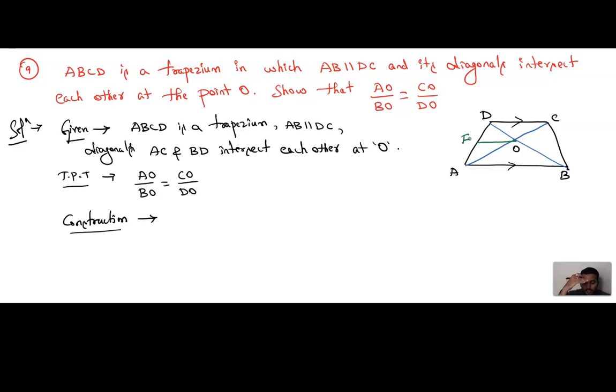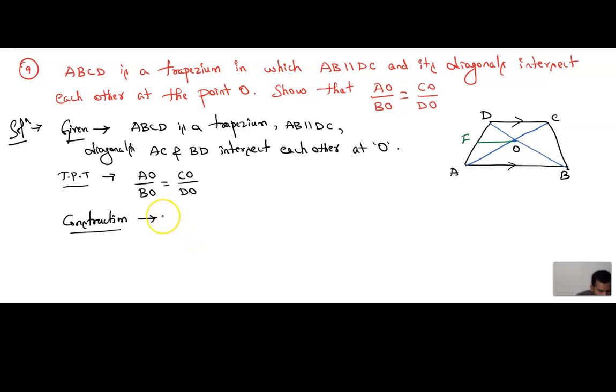So that line is parallel to both AB and CD, meaning it is straight. That is also straight, OF. It means that this line is parallel to this line as well as this line. I have drawn a line that is parallel to both the parallel sides.